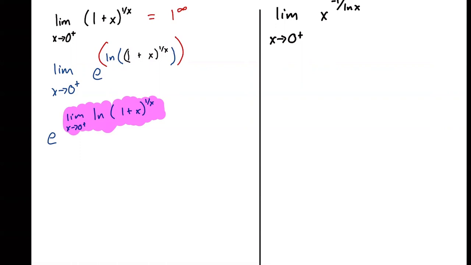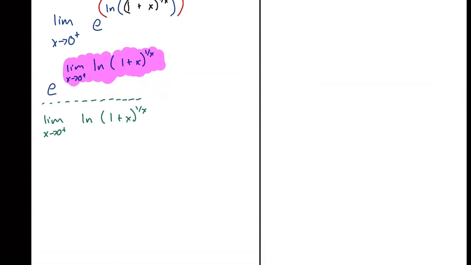So let me now focus on that highlighted pink. This is like a new subproblem. So I'm going to do this in a completely different color, just so you can see how I would find the limit as x approaches 0 from the right of ln of (1 plus x) to the 1 over x. It looks pretty nasty, but remember what the power rule allows us to do.